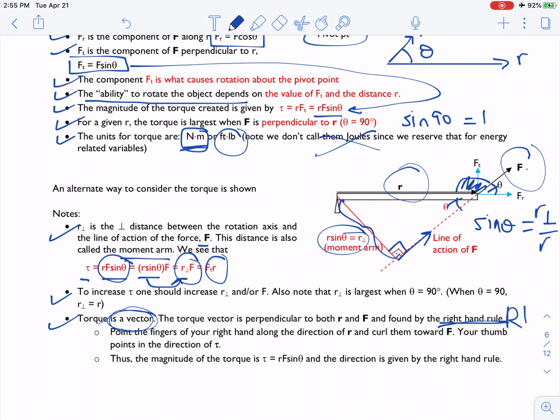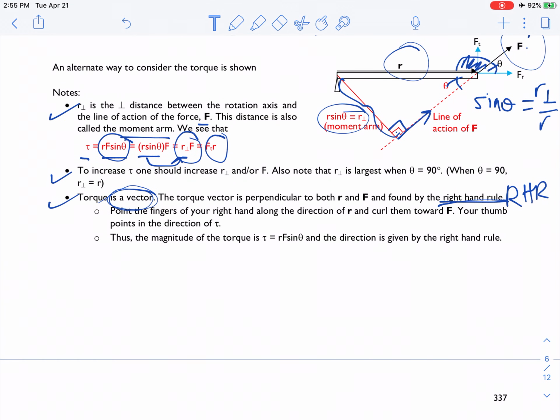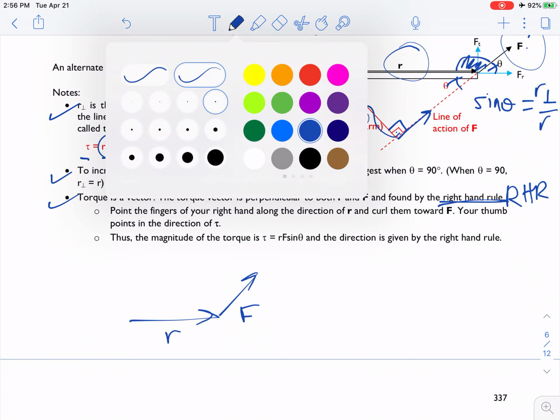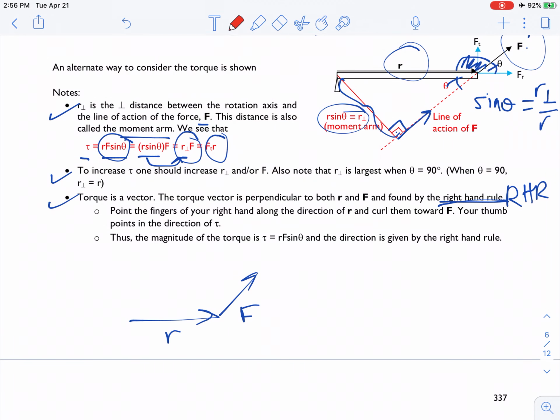And you will see that also written as RHR, right-hand rule. So what you do is you point the fingers of your right hand along the direction of R, okay, and curl them toward F. Your thumb points the direction of torque. So if you have R like this and F like that, I said that's R, and this is F. So use your 4 fingers along R and curl them toward F, okay?